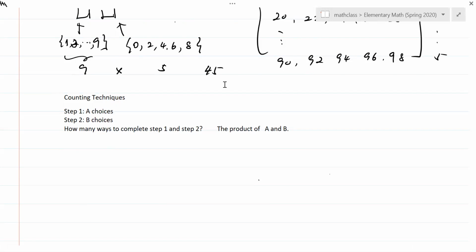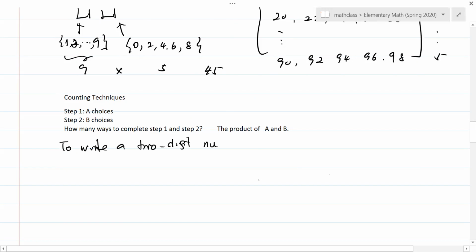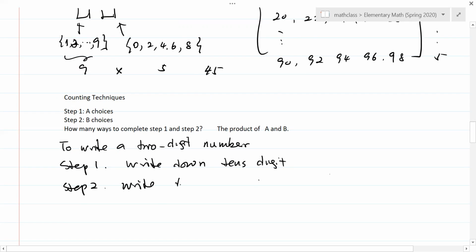So if you write down a 2-digit number, in step 1 you write down the tens digit, and in step 2 you write down the units digit.